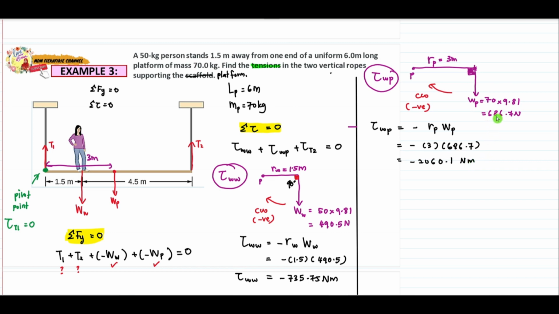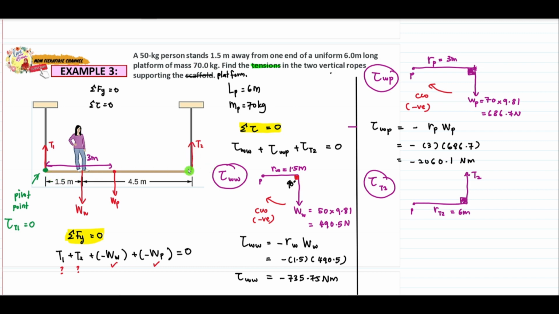Okay, alright. So the last one, we want to consider torque due to the second tension T2. So this is the pivot P. From the pivot, and this is T2. T2 we do not know its value, we want to calculate it. And this is RT2, and it is equal to the length of the platform, 6 meters. From the pivot we move to here, this is RT2.